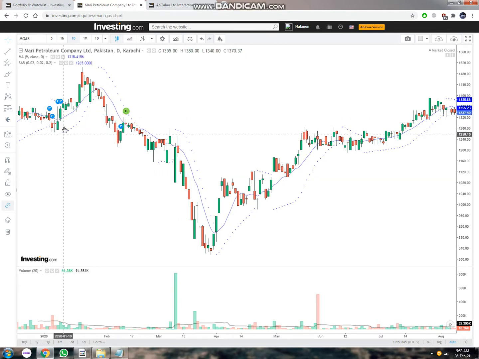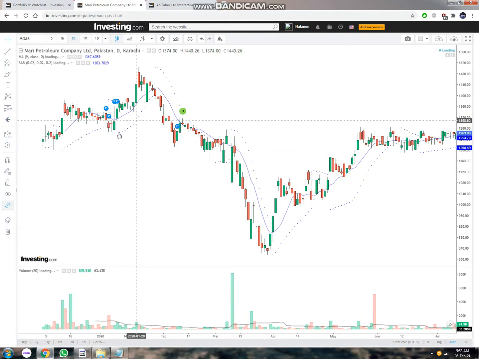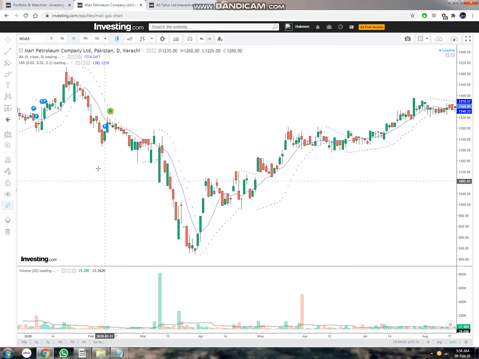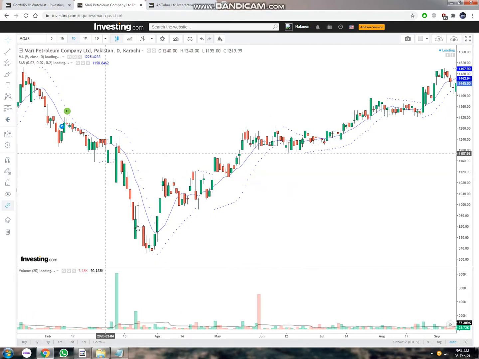At this level this was not quite true, but after some time it appeared to be evident, and the trend started to change and continue in the downward direction. This was quite true because it occurred at a bearish trend continuation, and then the trend continued in the bearish, downward direction.